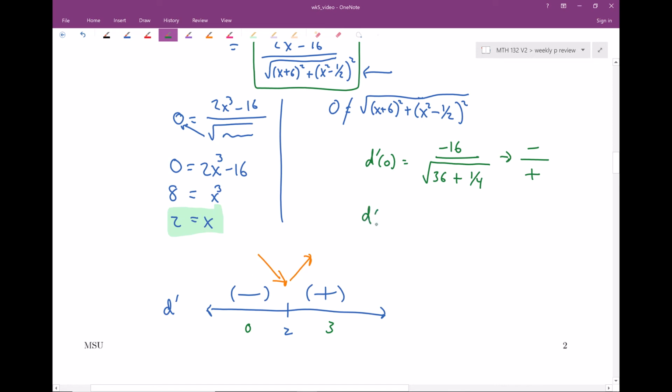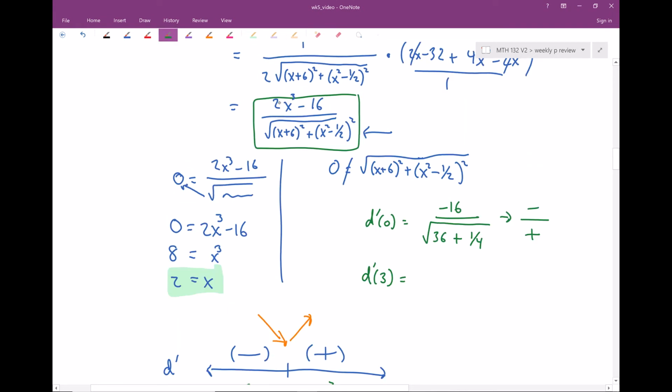How about when I plug in 3? So d prime of 3. And I go over here, again, I look at the numerator. So 3 cubed, that'd be 27 times 2, that's going to be 54. So that's going to be 54 minus 16. And again, the big thing here is that that's positive. How about in the denominator? So I would have the square root of, 3 plus 6 would be 9 squared, that's 81.